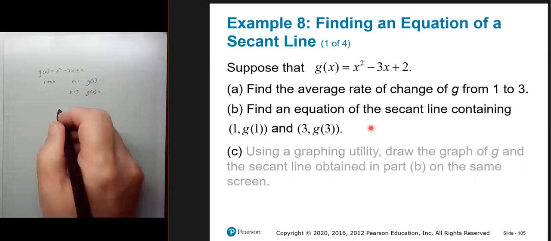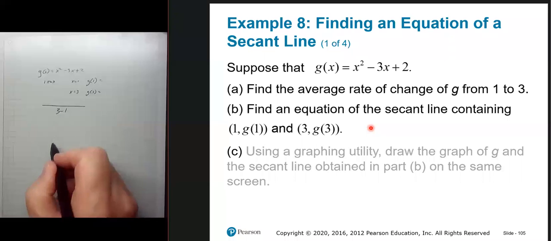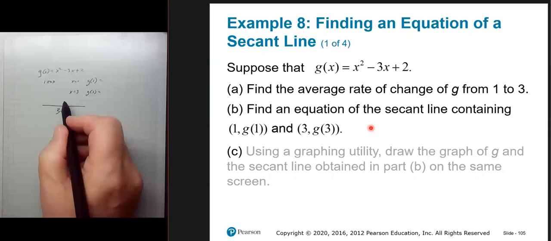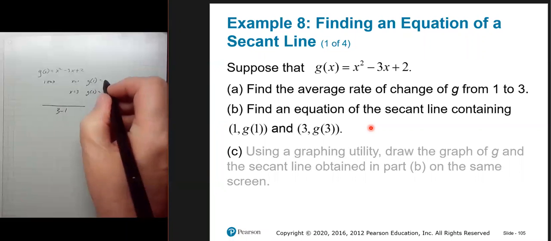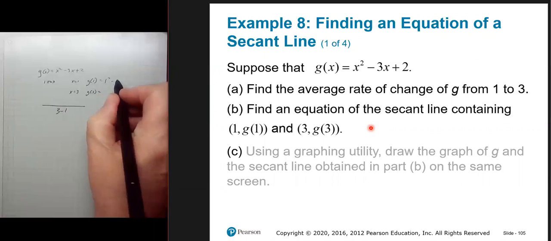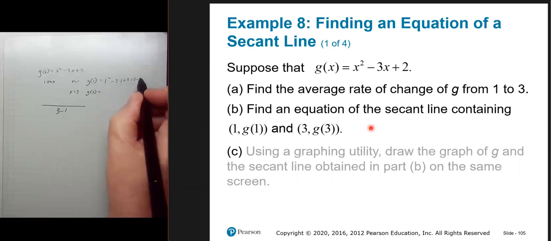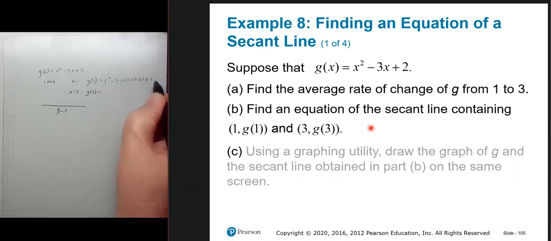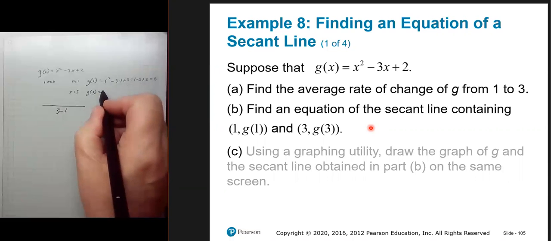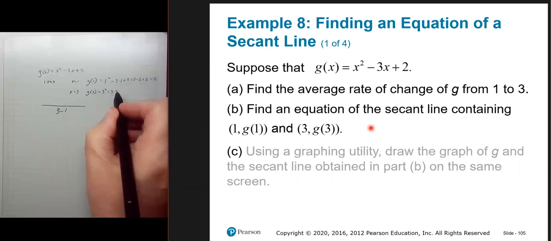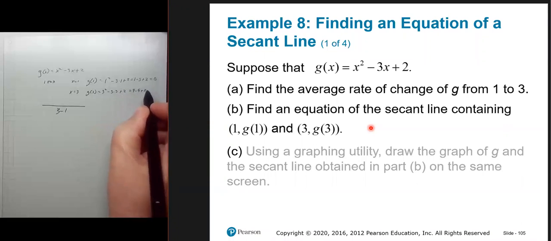I usually find out what these are first, and then I just put them into the formula. I already know my denominator is going to be 3 minus 1. My numerator is going to be g of 3 minus g of 1. So g of 1 is 1 squared minus 3 times 1 plus 2. So I get 1 minus 3 plus 2, which is 0. And then g of 3 is 3 squared minus 3 times 3 plus 2, which equals 9 minus 9 plus 2, which is 2.